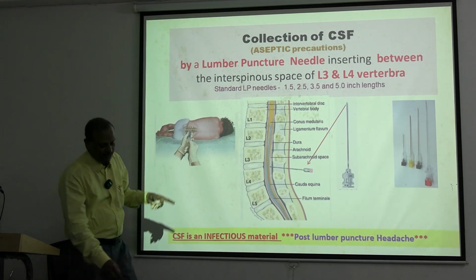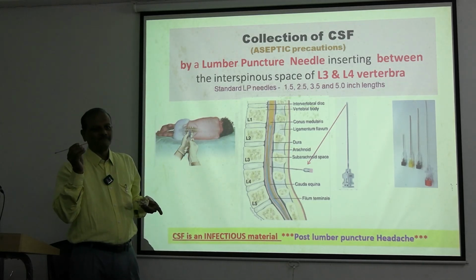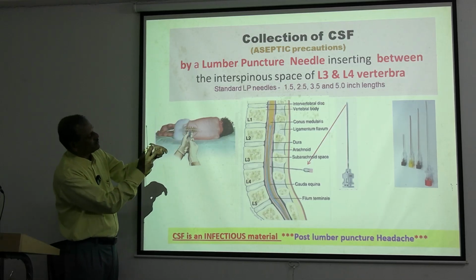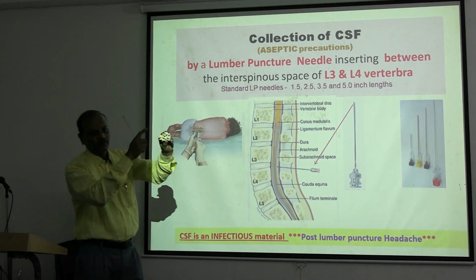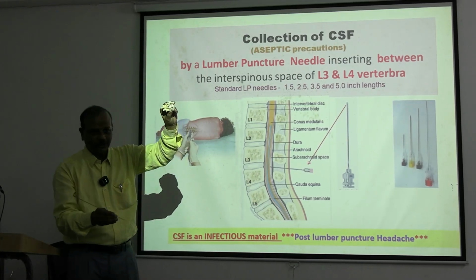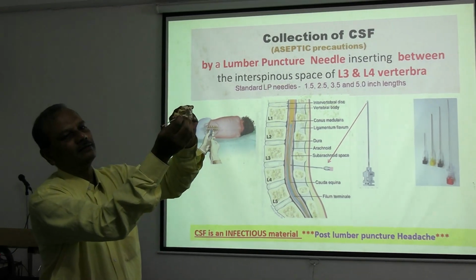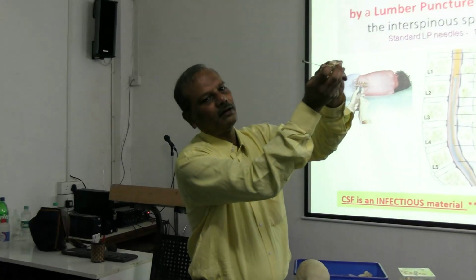The lumbar puncture needle is something like this, like a spoke. There is the skin. You see, this is the opening you can see. This will be covered with ligaments. It will not be an open space. So you have to put the needle like this, very carefully here, and draw it.